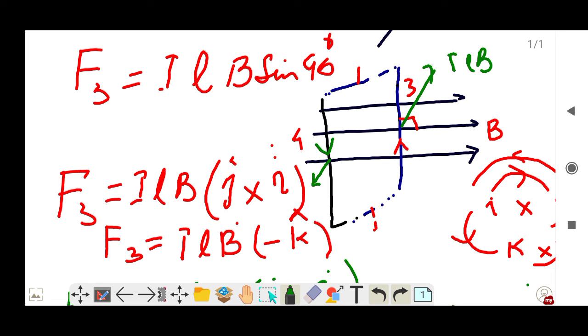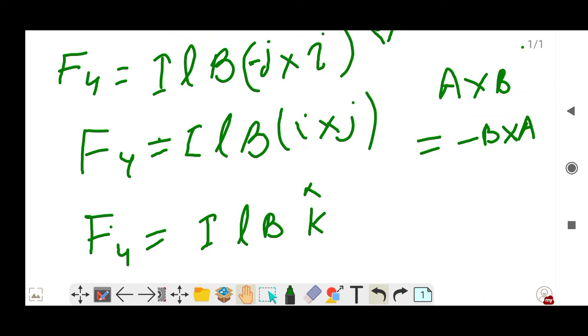In order to see that torque, I'll take a different view of this coil. Say, for example, I'll try to see it on this side. Suppose a person is seeing it on this side, so his view will be something like this. I'll draw that here.